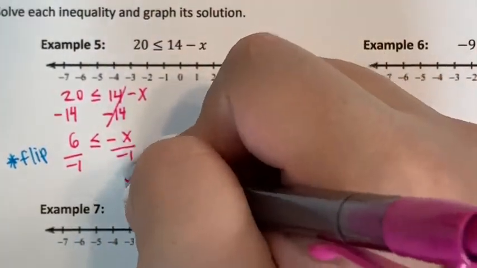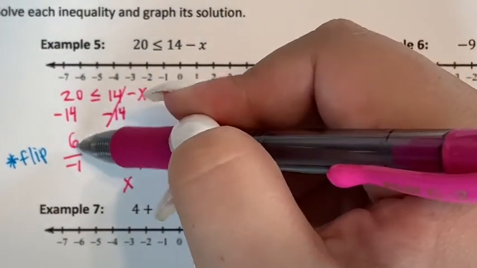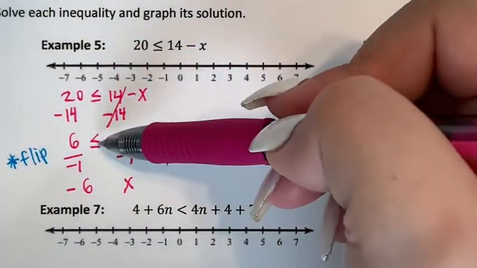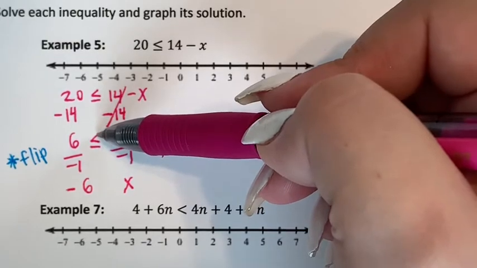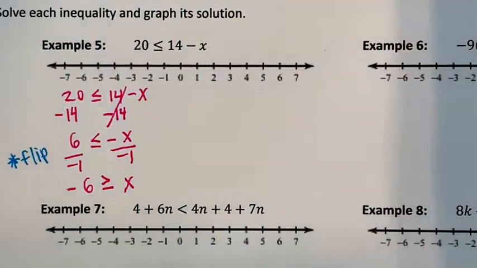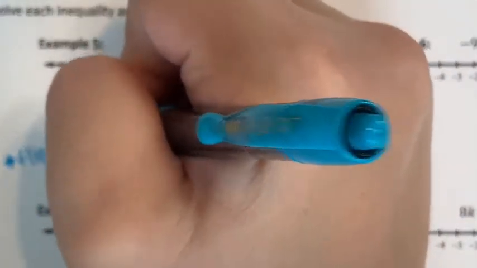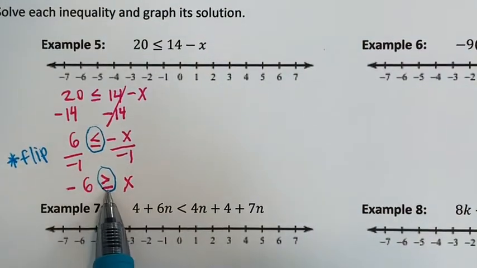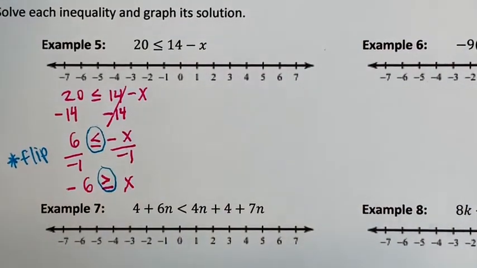On this side, I'm left with x, and on this side, 6 divided by negative 1 is negative 6. But I have to remember, flip the inequality sign. It was less than or equal to. Now it's going to be greater than or equal to. I'm going to circle these inequality signs to add a little bit of emphasis that they flipped because we divided by the negative number right here.